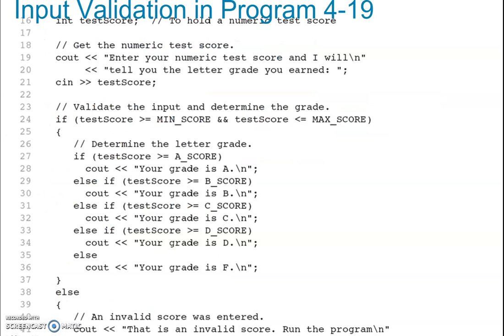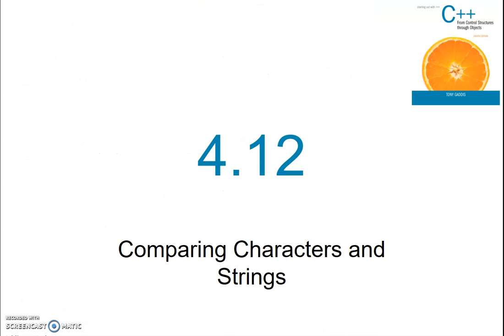So here, it gave us an else statement at the end, in the event that it did not fall into any of the criteria of a grade A through F. So if it didn't fall into any of those, then there must have been something about the invalid entry. As we move into subsequent chapters, we'll learn how to go back for user input. I mean, we're testing for it, but we can ask the user to come back again. At this point, we won't have that idea of looping back.